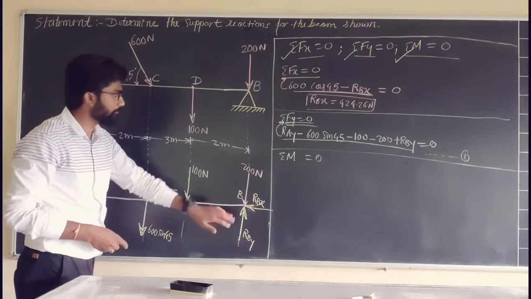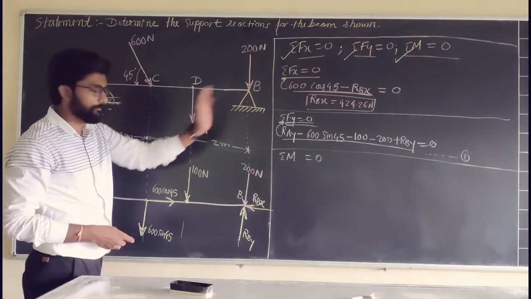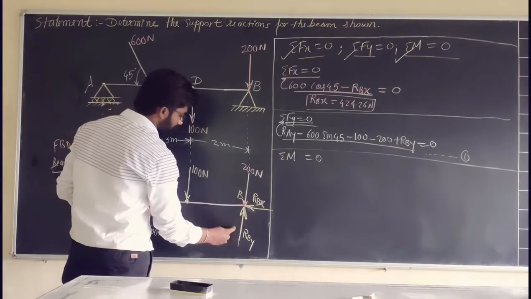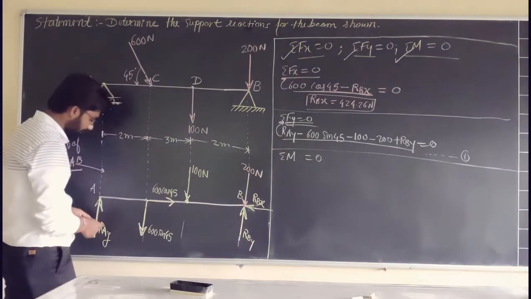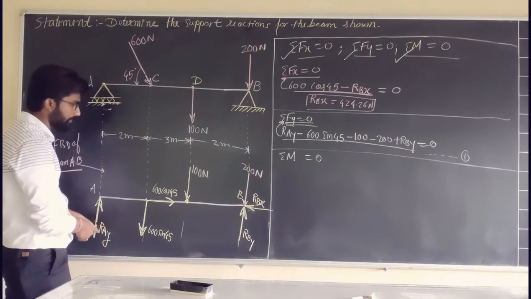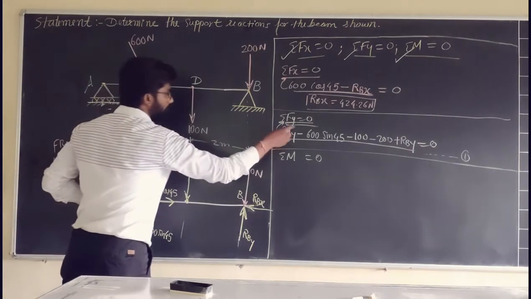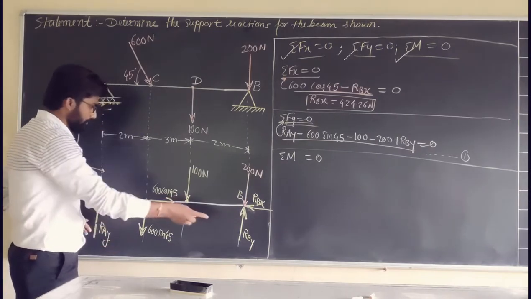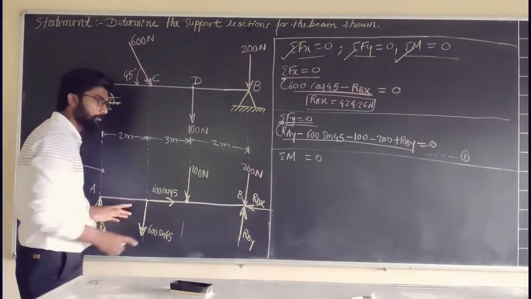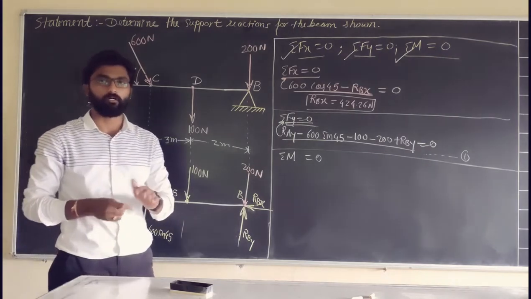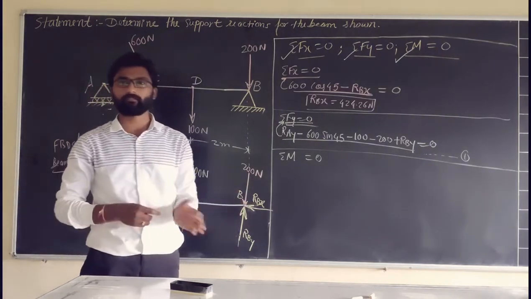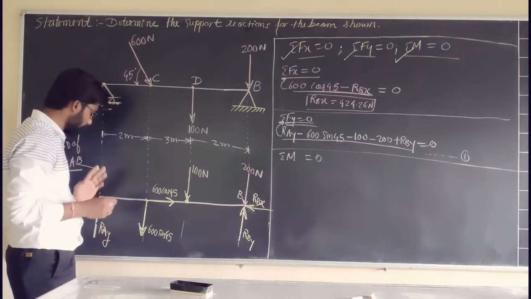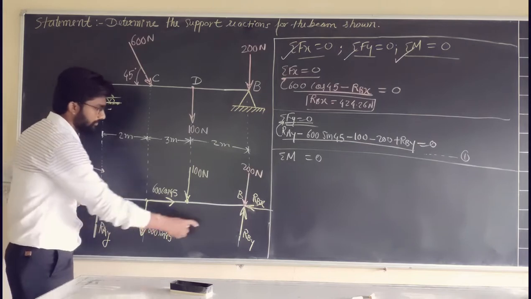You can get RBY, put it back, and get RAY. Similarly, if you take moment about B, the equation will not contain RBY, you will get RAY, put it in the first equation, and get RBY. But if you take moment about some other point, again we will have two unknowns, RAY and RBY, and we would have to solve simultaneously. So you have to select a correct point. The two good options are either point A or point B.